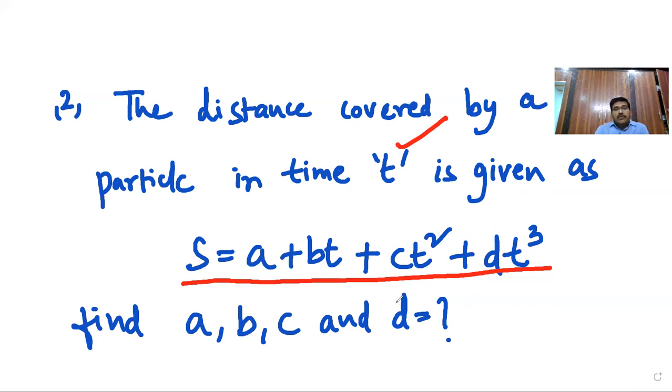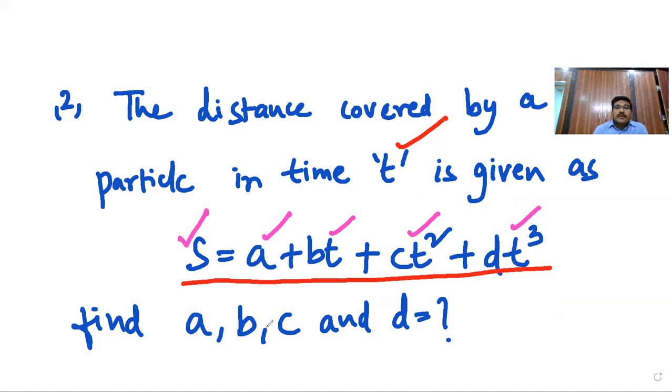Now, to find out the values of A, B, C, and D, let us follow the principle of homogeneity. What is the principle of homogeneity? It says that whatever the dimensions of the right hand side expressions, each term, again I am putting each term, whatever the dimensions the right hand side each term has, it should also possess the same dimension on the left hand side.